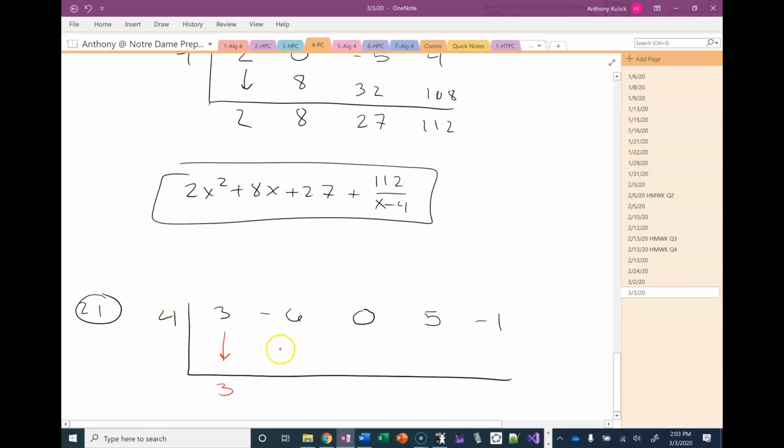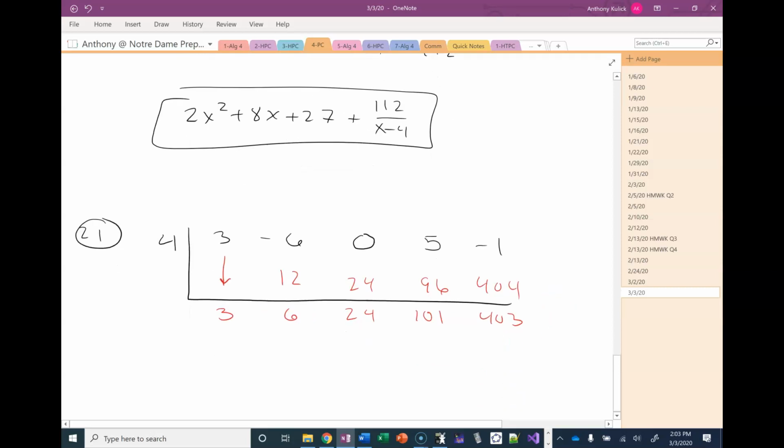So then I'll start this up just like a synthetic division problem. And the part that gives me my answer, the remainder, is going to be the same thing as whatever this function evaluates to at 4.